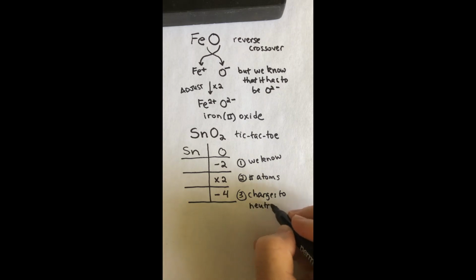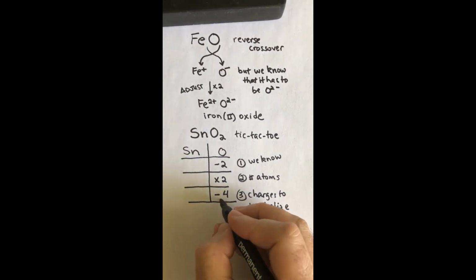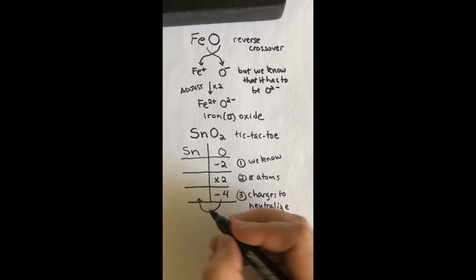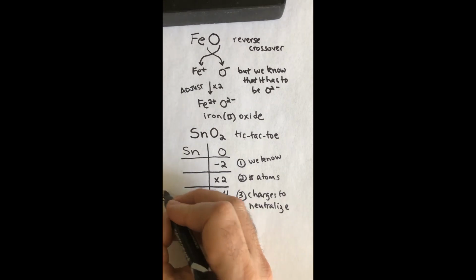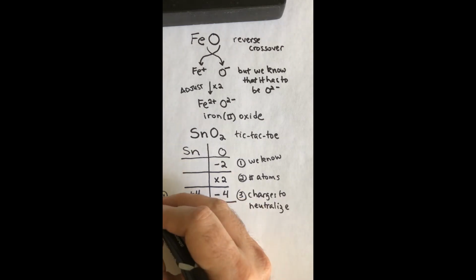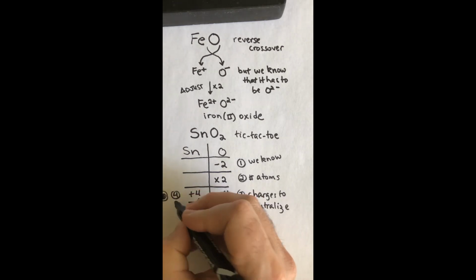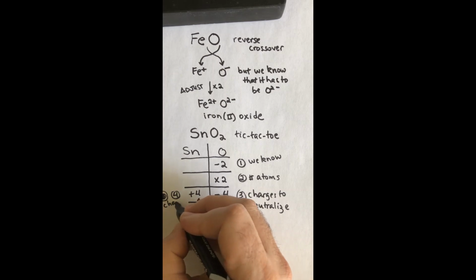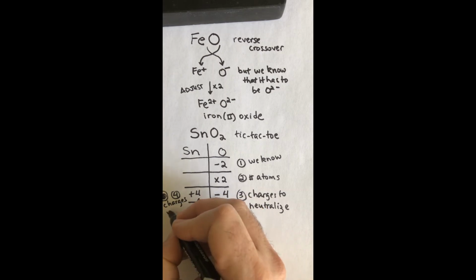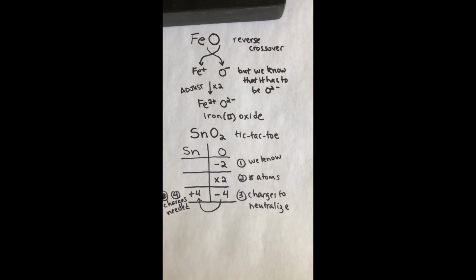We have to neutralize 4 negative charges. So what we do now is we make a little turn here. And what we're going to say is, well, that means that I need +4. These are the charges needed in order to neutralize the -4.